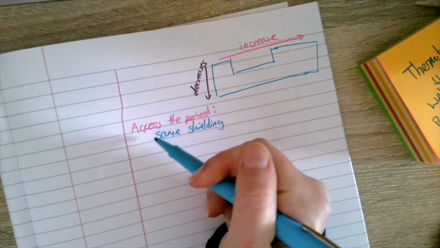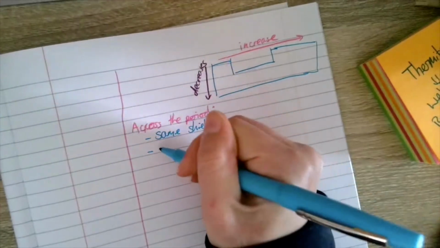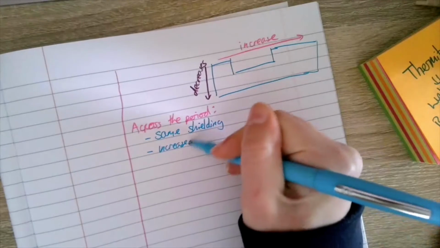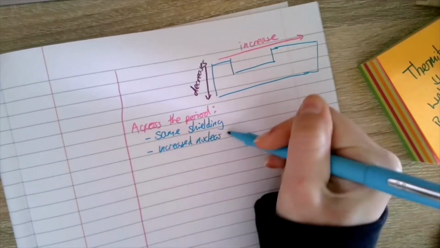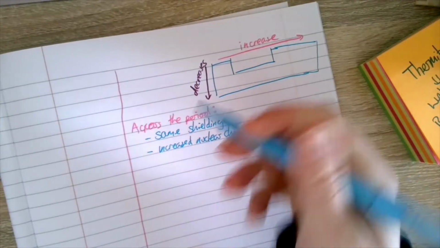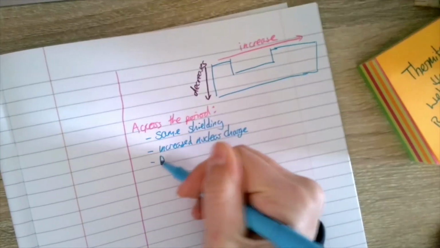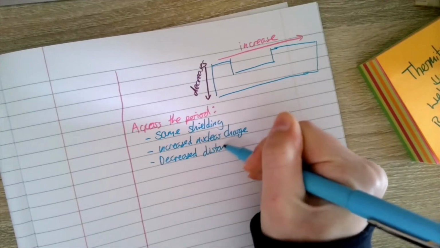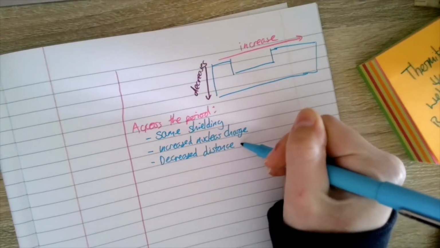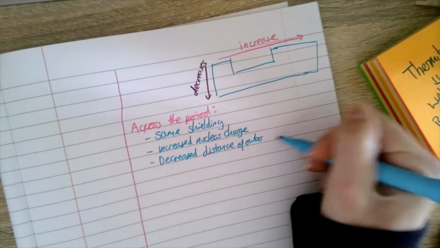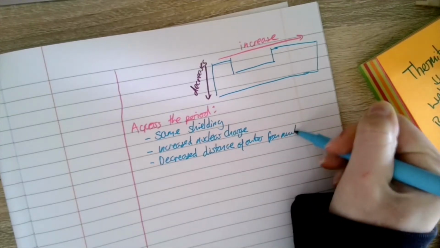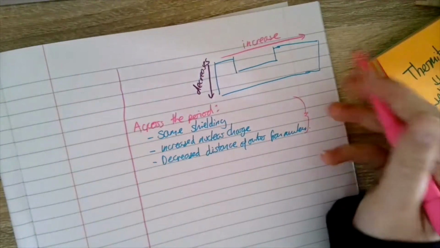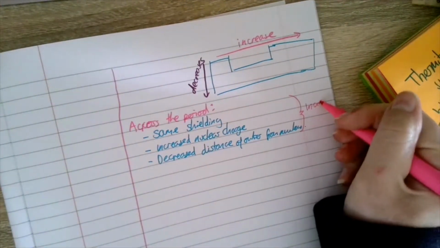However, what has happened is we have increased our nuclear charge as we have more protons, and we've also decreased our distance of the outer electron from the nucleus, and so a combination of these factors therefore causes it to increase.